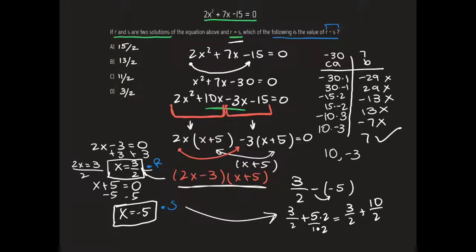Now we have like denominators, so we can add these. 10 plus 3 is 13, and the denominator 2 stays the same. So 13 by 2, and this is our final answer. The value of r minus s is 13 by 2, and that answer choice will be B.